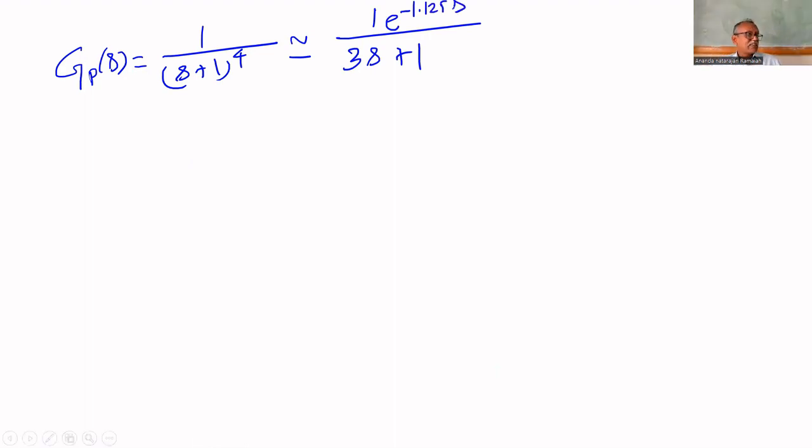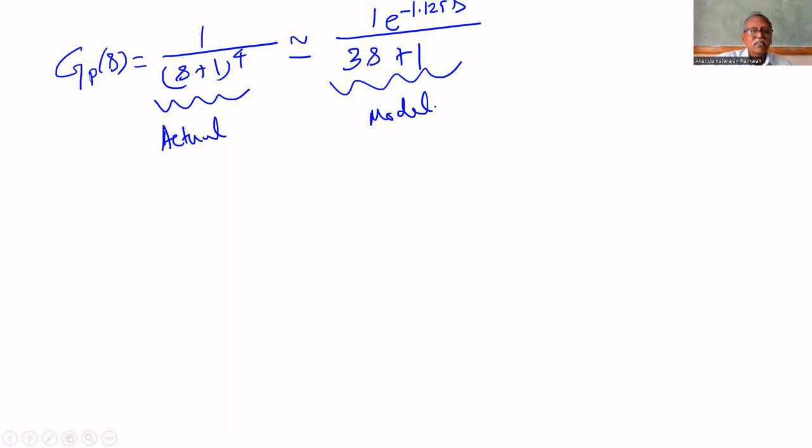This is the actual process to be controlled, and this is the model. To design the controller, we need the model. This model can be used to design the deadbeat controller, so it can be used to control the fourth order process also, because the model of the fourth order process is this. For that we already got the controller.